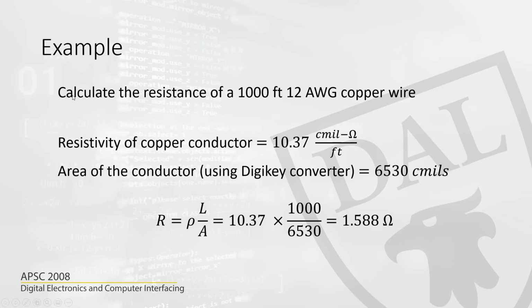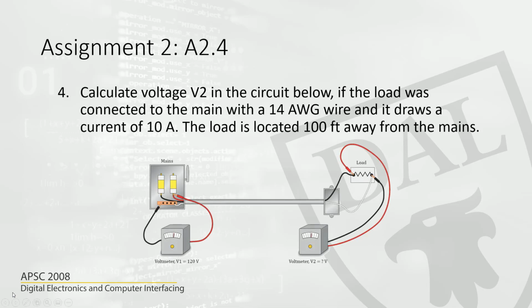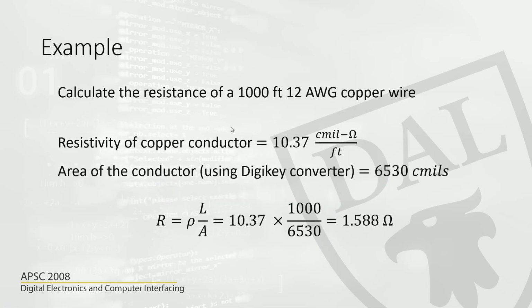So here again, an example. Calculate the resistance of a 1,000 feet, 12 gauge copper wire. The copper wire has a resistivity of 10.37 CMIL ohm per foot, and using the DigiKey converter for 12 gauge, I got the area, which is 6530 CMILs.